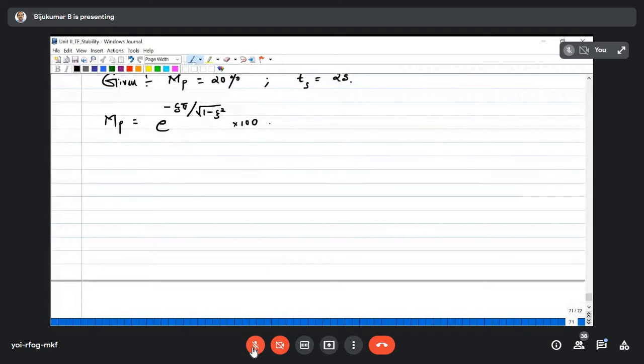This is given as 20%. So we can write minus zeta pi by root of 1 minus zeta square is equal to natural log of 0.2. Can you find and tell me what is the value of zeta?